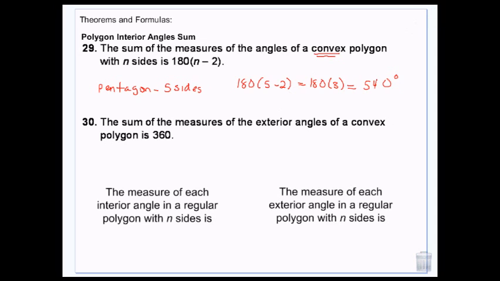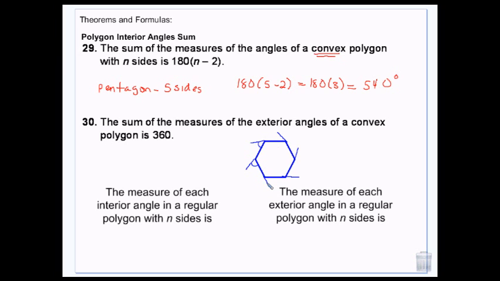And we talk about exterior angles. We're not talking about all of the exterior angles. Okay? We're talking about all of the exterior angles going in one direction. So if I draw this line out, I don't then draw this one here also. I keep going kind of around in a circle.